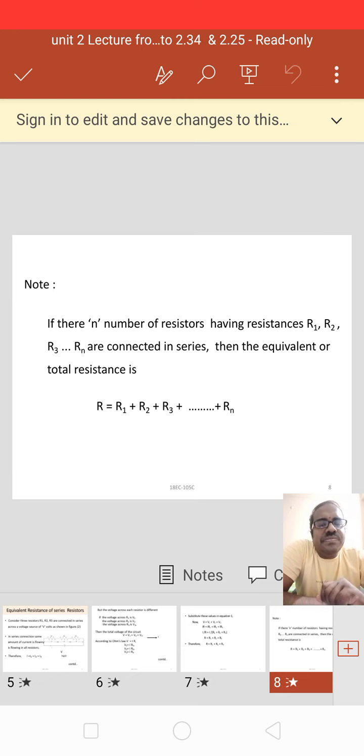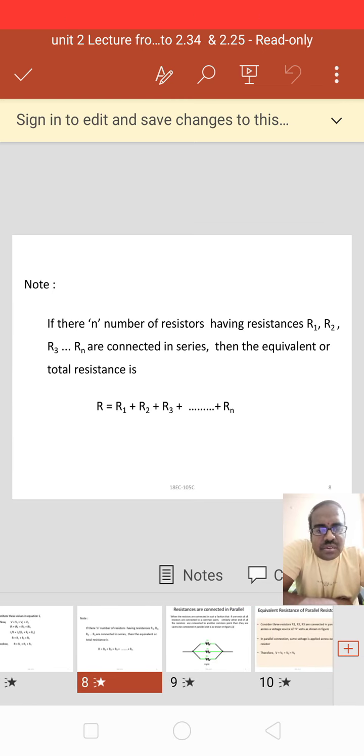Okay, this is the lecture regarding the series and parallel connection of resistance, the equivalent value of resistance when connected in series and the equivalent value of resistance when connected in parallel. And another thing is division of current in parallel circuits also.